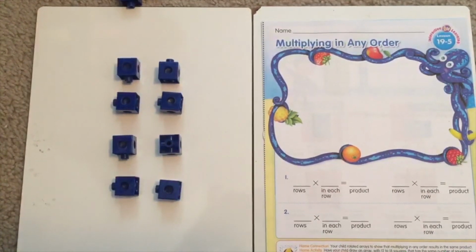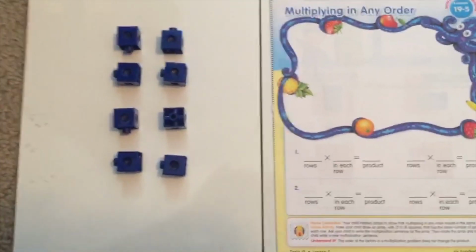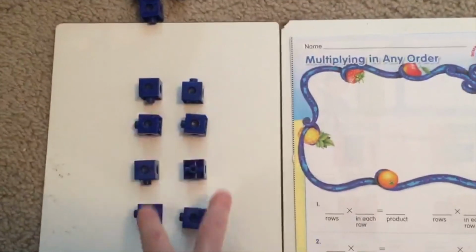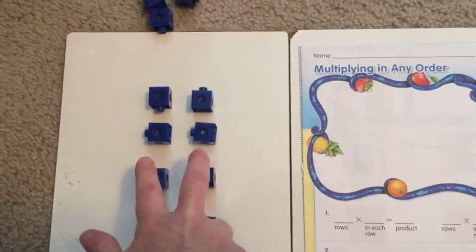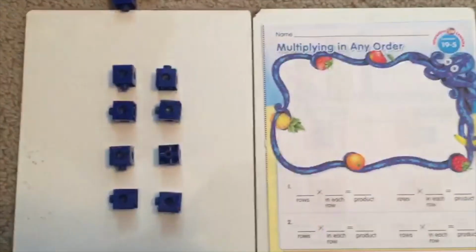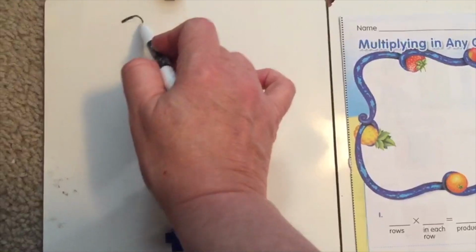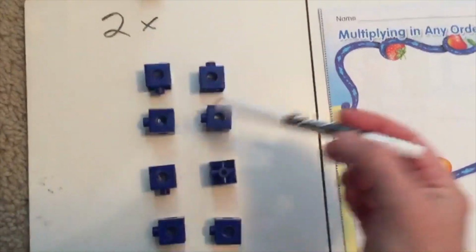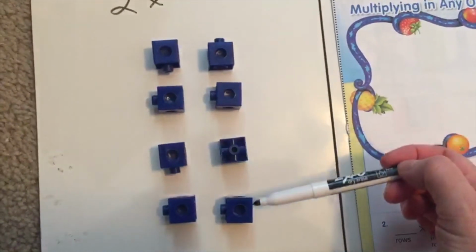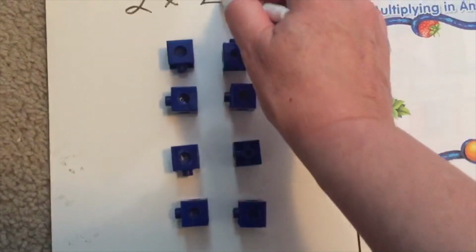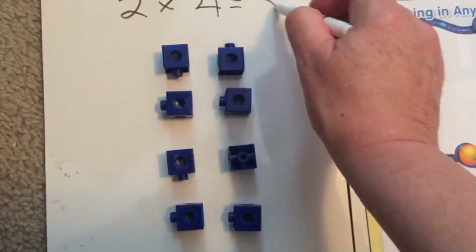So I have an array out here, and I have 2 rows with 2, 4, 6, 8 in each, 8 total. But what is my multiplication sentence? So I have 2 groups with 4 in each group. And I already said that was 8.